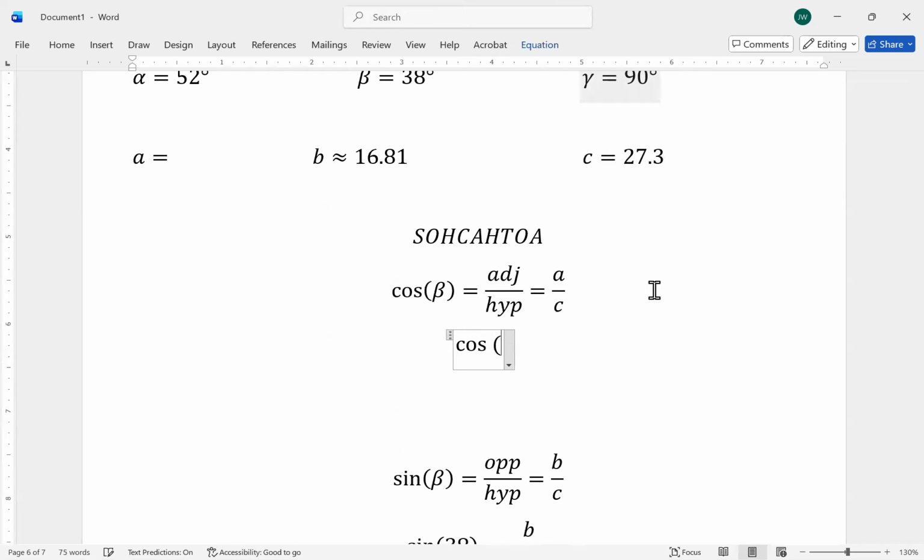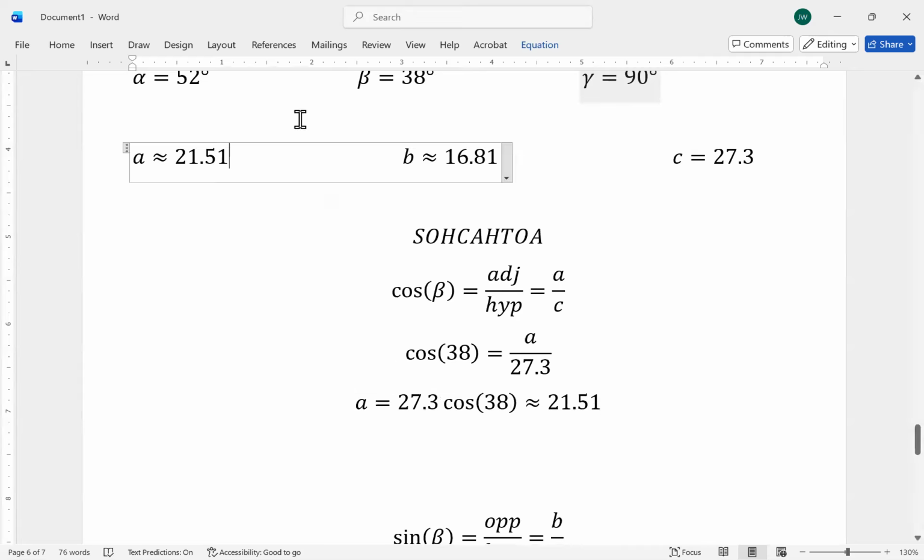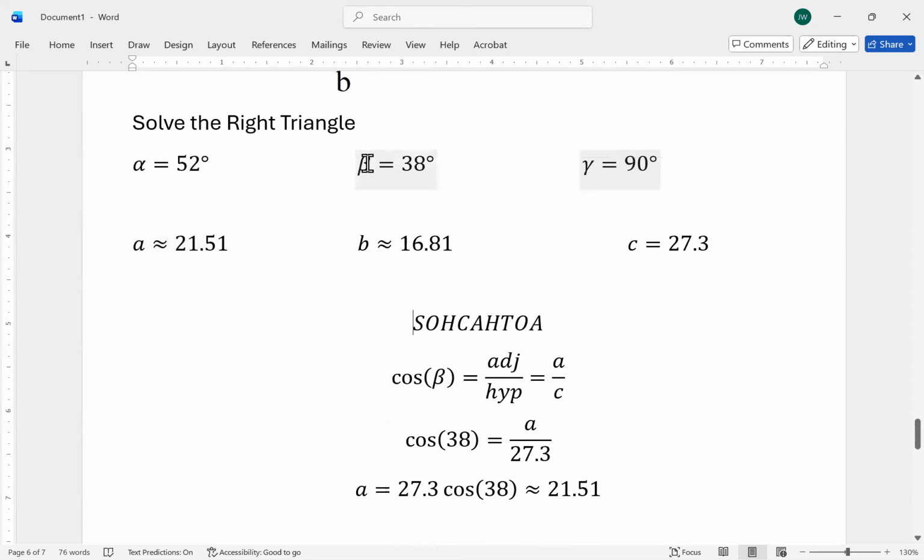So we have cosine of 38 is equal to A over 27.3. The exact value for A is going to be 27.3 times the cosine of 38. But again, most of the time, you're probably going to want an approximate value for that, and that's about 21.51. So there we go. Now we have A, B, and C, and we have alpha, beta, gamma.